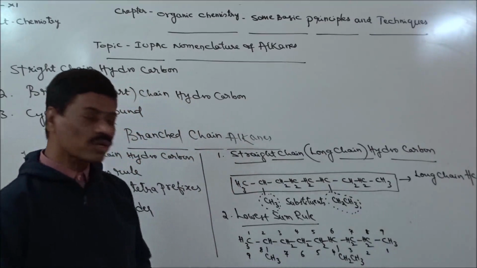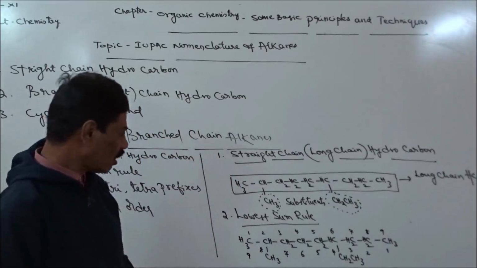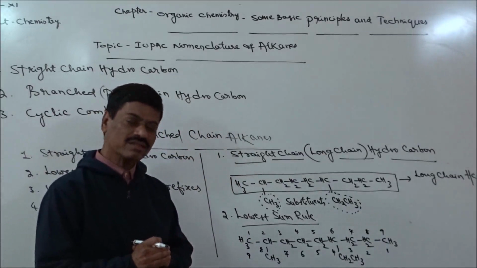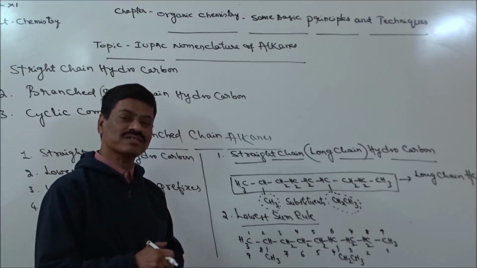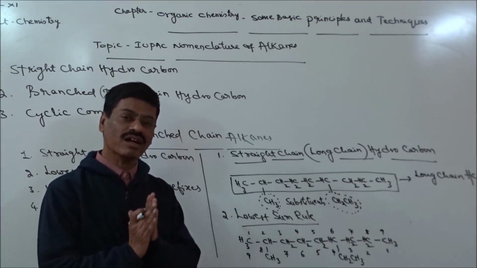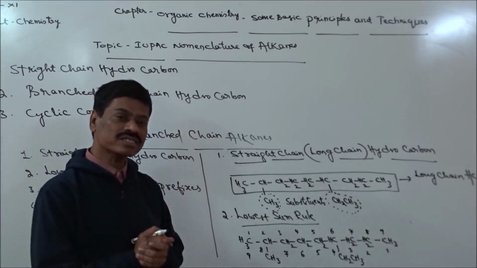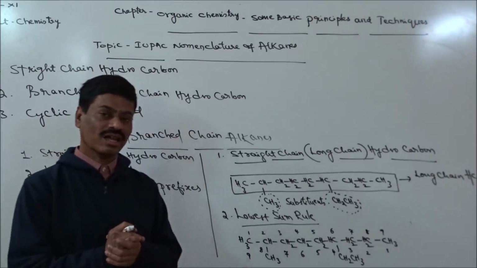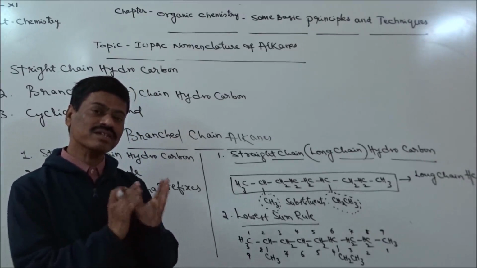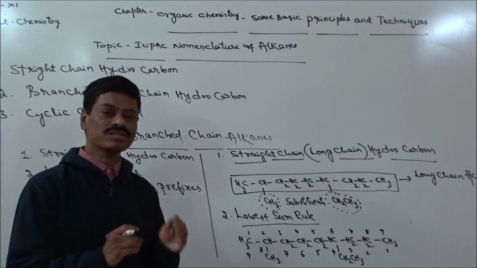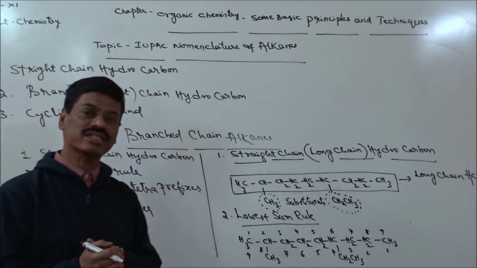What the lowest sum rule states is whenever two substituents are connected to two different carbon atoms of the long chain, their positions should be identified. Positions means the number of the carbon atoms to which those substituents are connected.